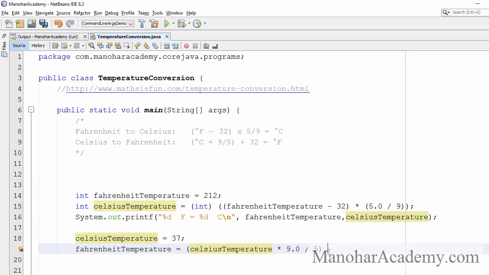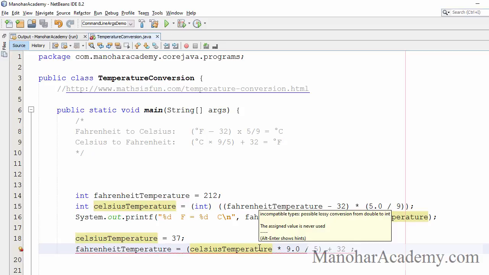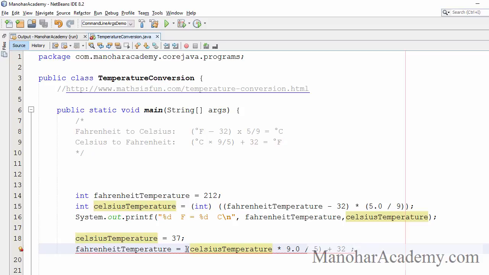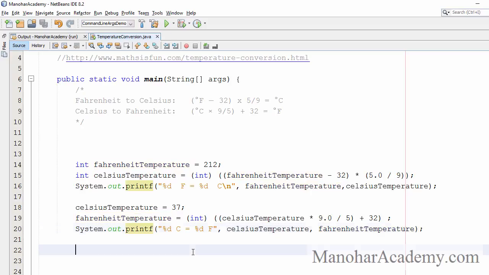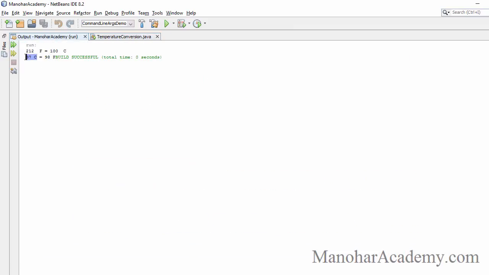Okay, plus 32. As we have seen previously, this is going to be a double value because one of the operands is double, so the expression value will be double. To save a double in an int, we have to cast it. Okay, let's print it. 37 degrees Celsius is 98 degrees Fahrenheit.